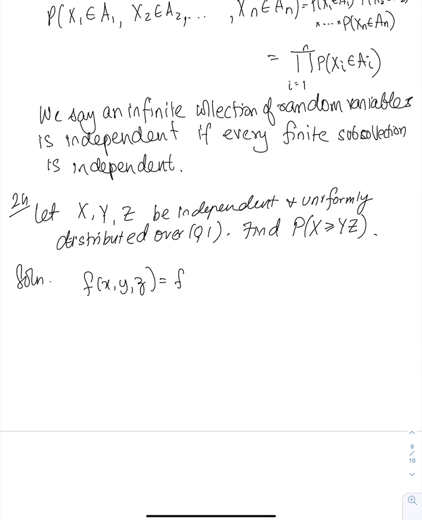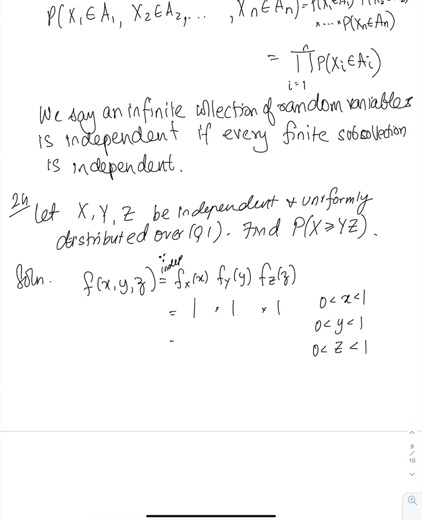Okay. The upside down therefore is because. Okay. And what is this? That is 1 times 1 times 1 if x is between 0 and 1, and y is between 0 and 1, and z is between 0 and 1.